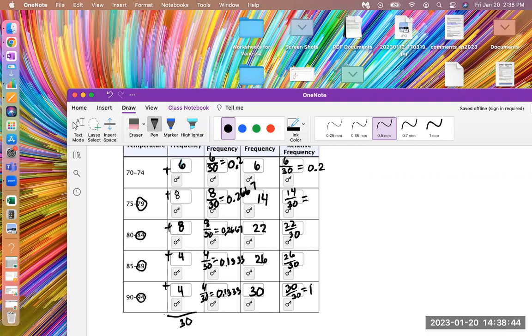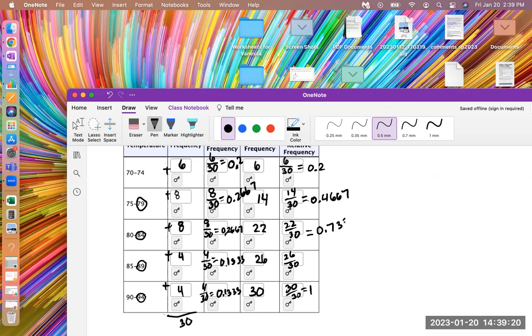So let's find those out quickly. 14/30 is 0.4667, with the sixes going on forever, rounded. Then 22/30 is 0.7333, with the threes going on forever.